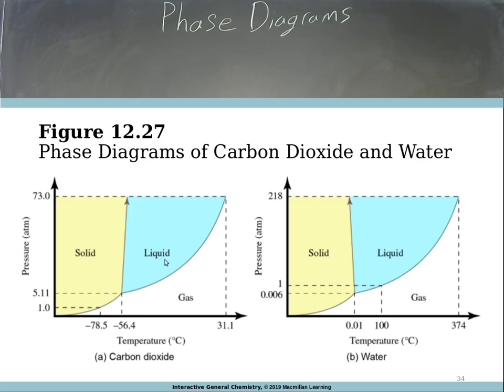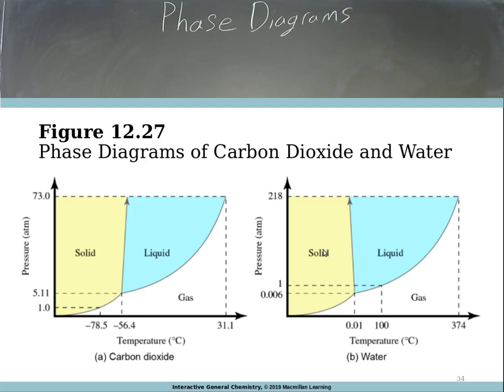For carbon dioxide, there is a region where carbon dioxide is a liquid at higher pressures, but you'll notice within just less than 100 degrees Celsius, you've pretty much already entered into the gas phase. So the liquid phase for water is particularly stable, and water exists as a liquid under a particularly wide range of conditions. Okay, so those are phase diagrams.